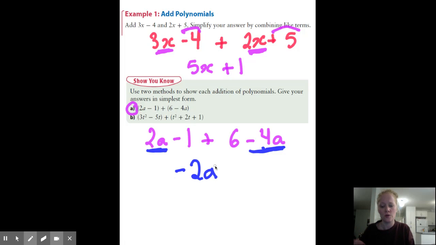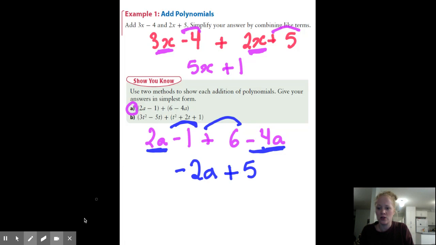So now if you are not super confident on your integers, don't forget you have your calculator that you can always just double check your integer calculations with. So if we look at our last bit of this, we have negative 1 is a like term with positive 6, so we should end up with positive 5.